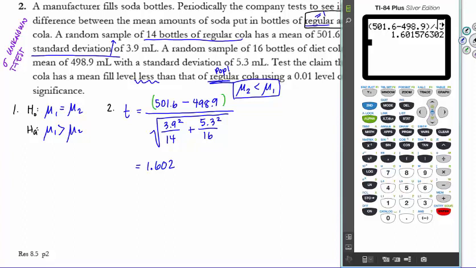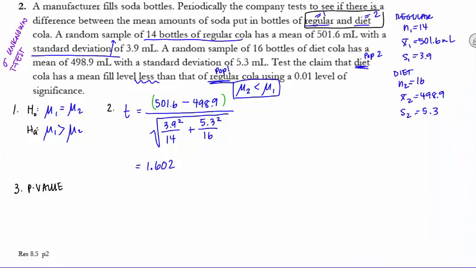We talked about how to estimate the p-value of this test by reading across the degrees of freedom. In this case, to find the degrees of freedom, we need to find the smaller of the two options.